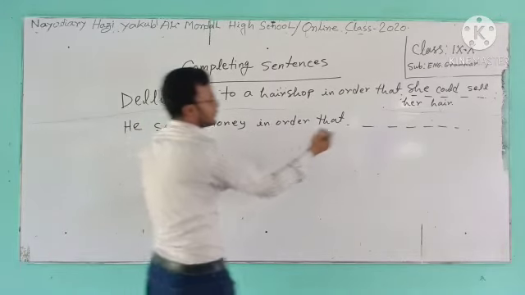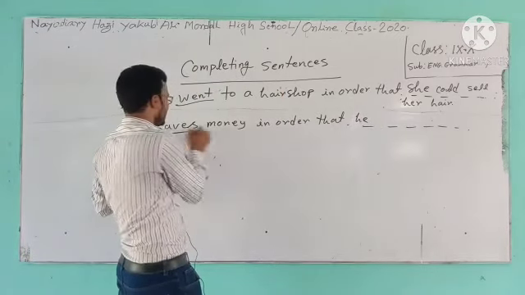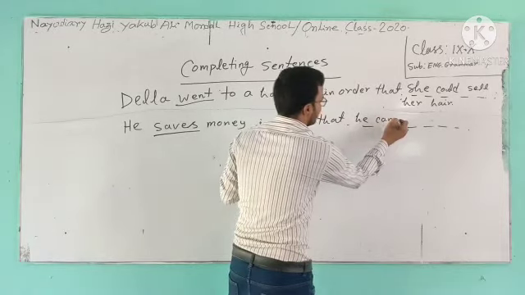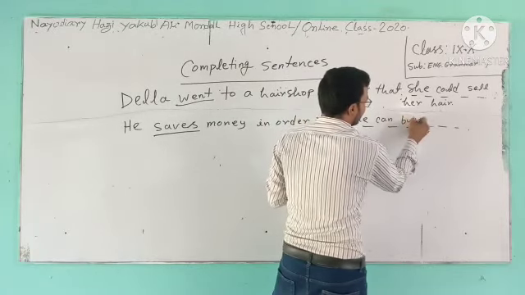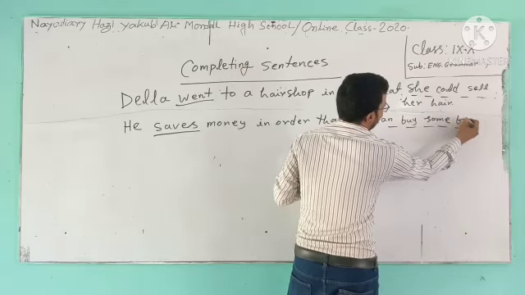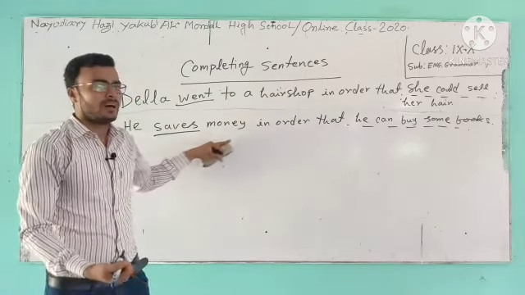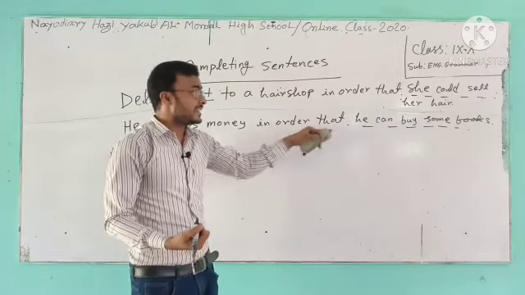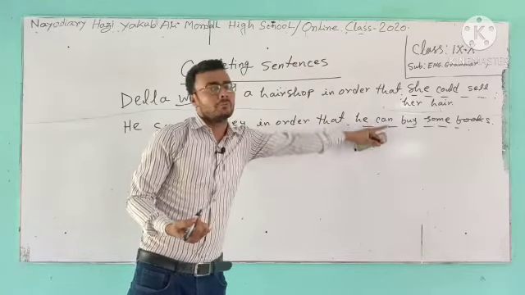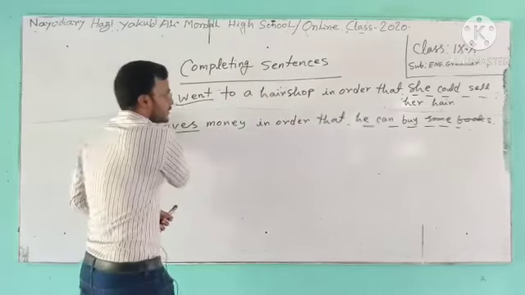So you need to use the first subject. Look at the verb saves, present. So, can buy some books. He saves money in order that he can buy some books. Here you can also use may. Okay? Okay, dear learners.